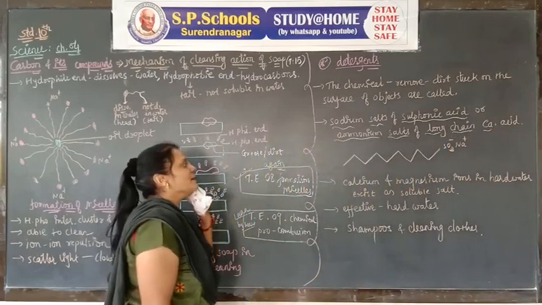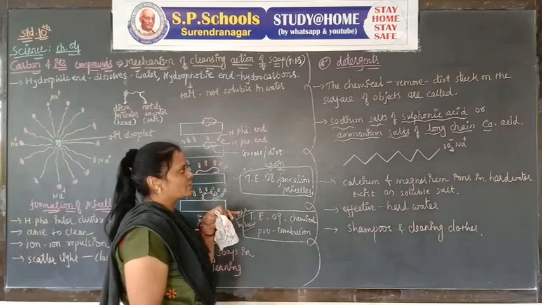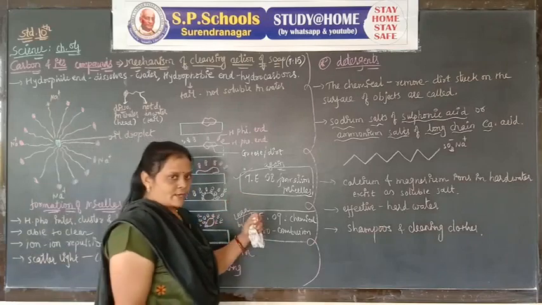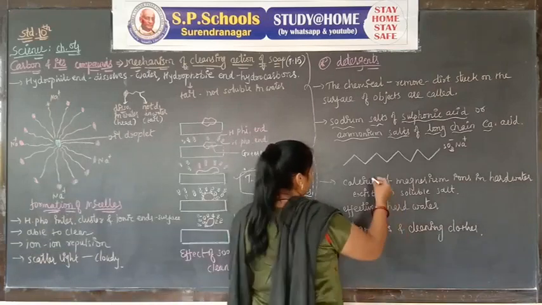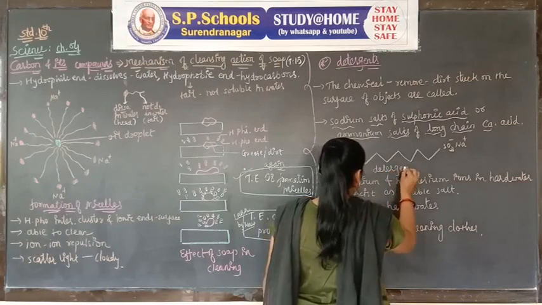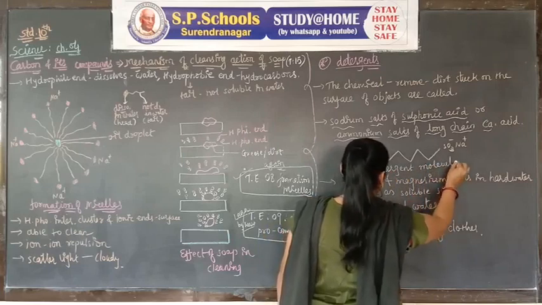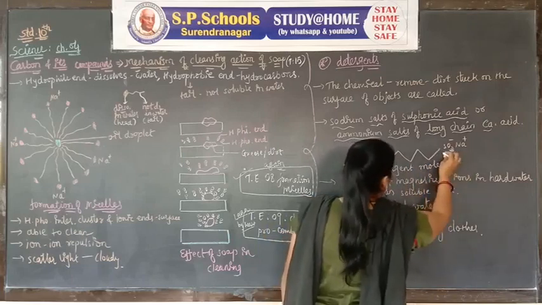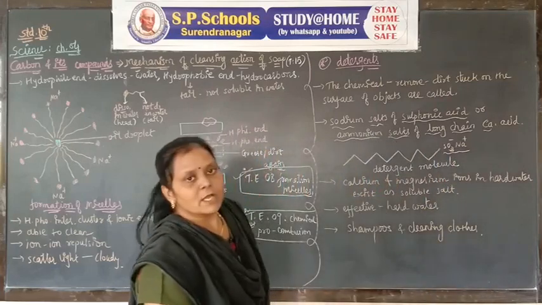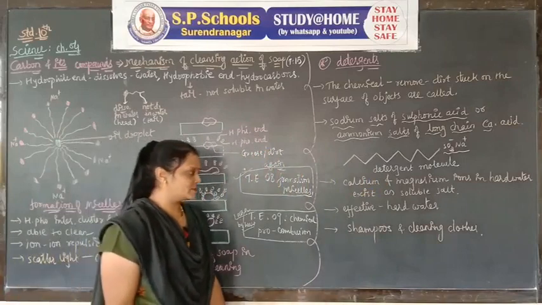Detergents are made of sodium salts of sulfonic acid or ammonium salts of long chain carboxylic acid. We already drew the molecule of detergent: SO3 minus Na plus. In the case of soap, it will be COO minus Na plus.